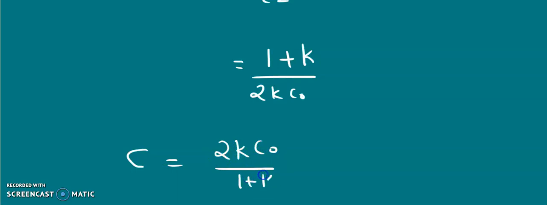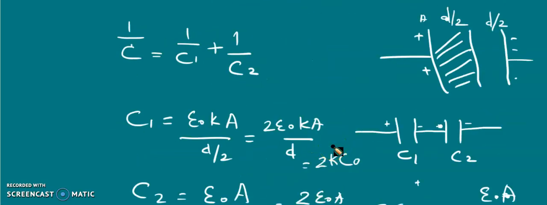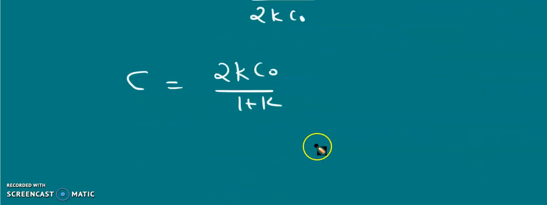So that is 1 over C, and therefore C is equal to 2K C0 divided by 1 plus K, which is the same equation we got earlier, 2K C0 by K plus 1. So you can use either of these methods.